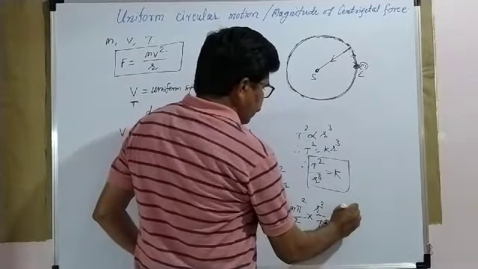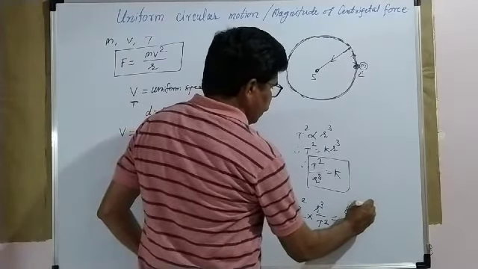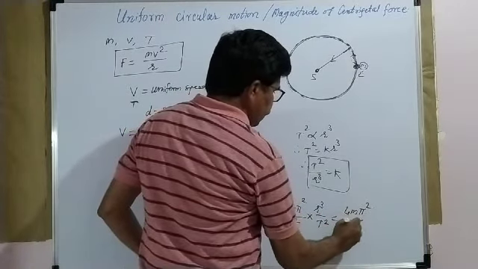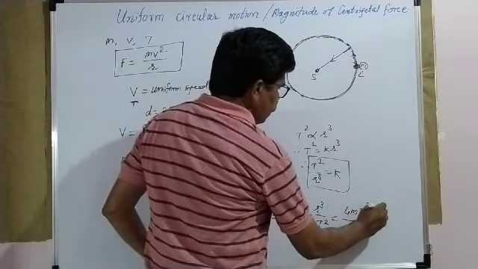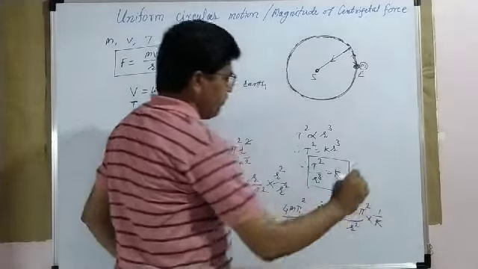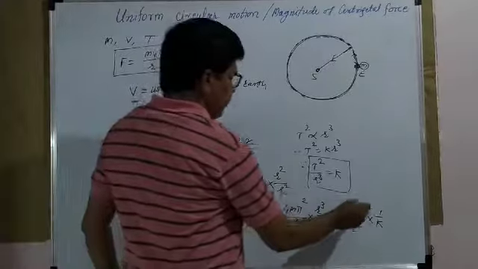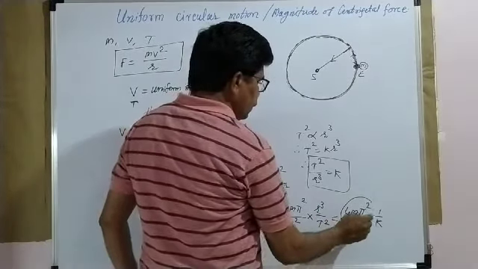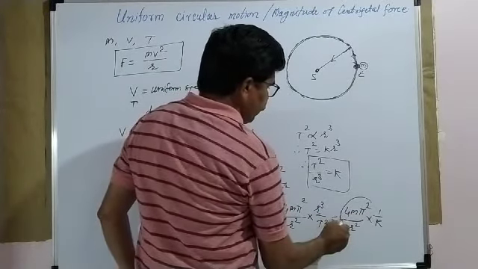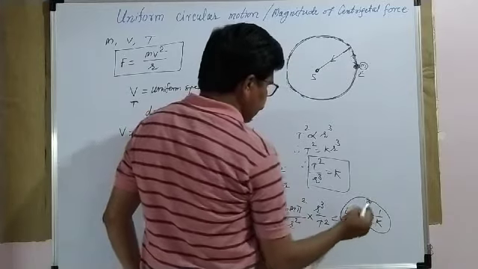We get 4m pi square divided by r square multiplied by 1 by k, and this term is totally constant, 4m pi square k.